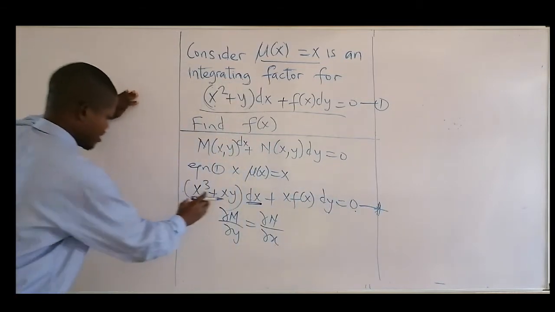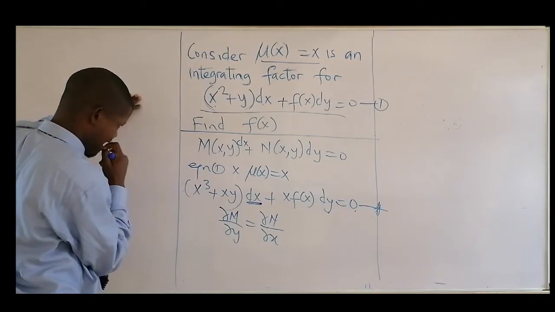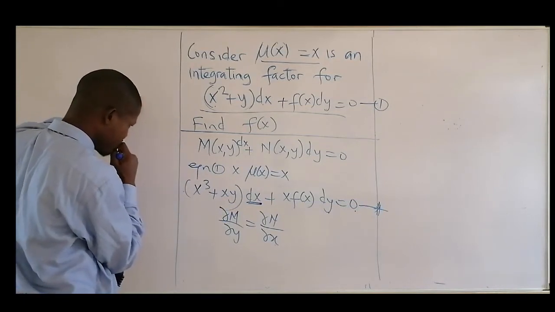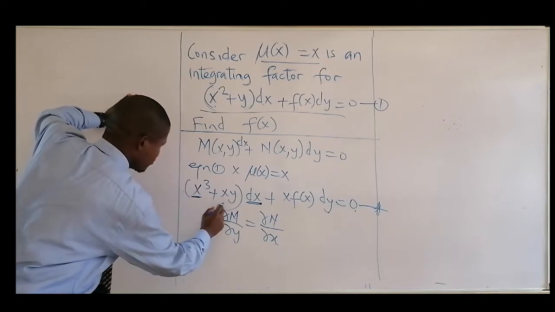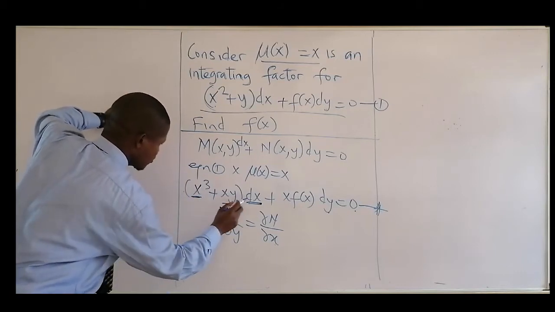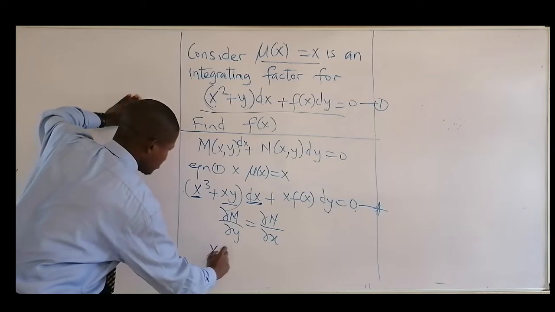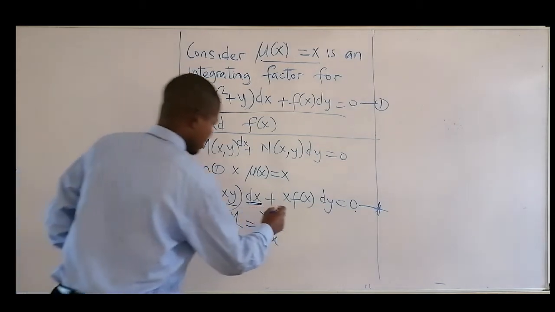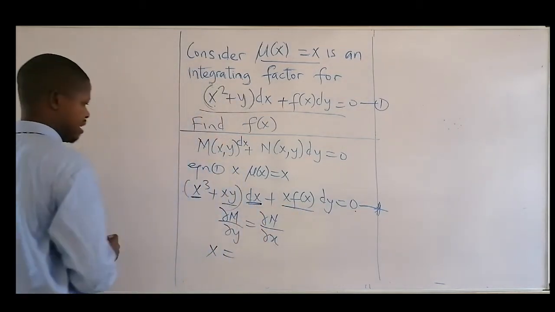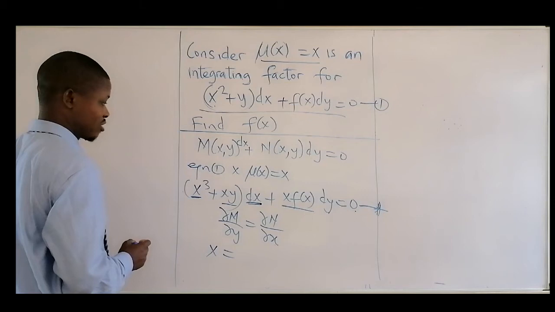So, with respect to y here, this one goes to 0. We only do this one, which will be equal to x, the partial derivative of M with respect to y. And here also, the partial derivative of N with respect to x.